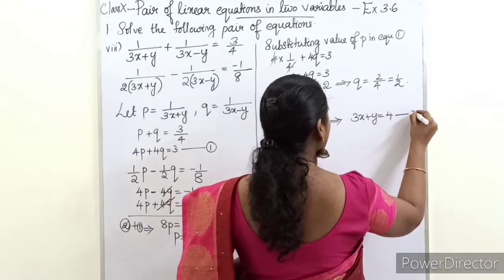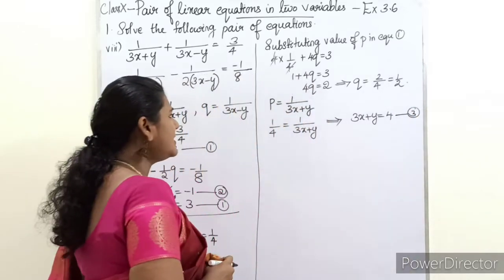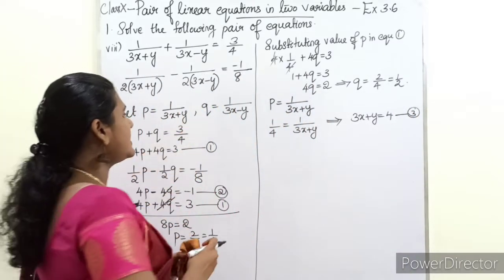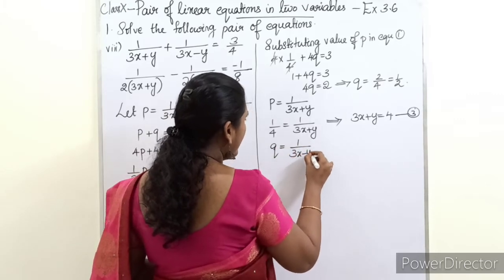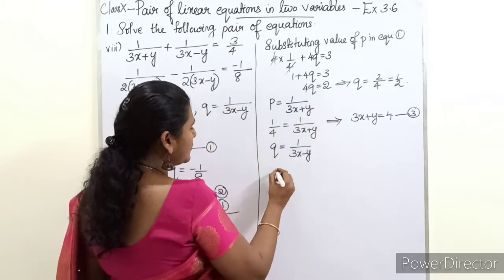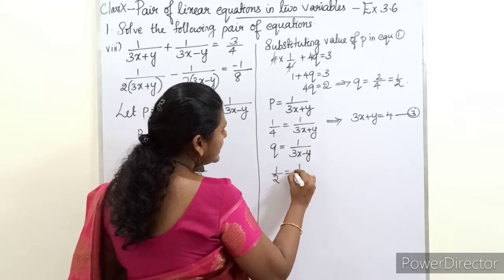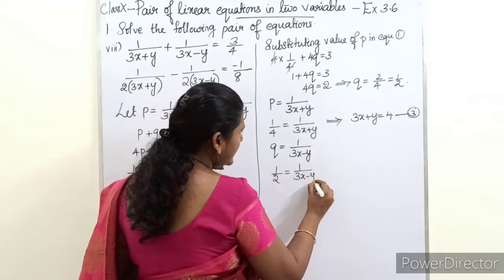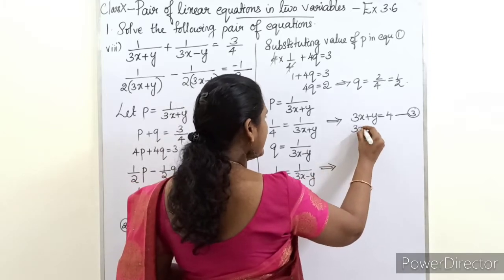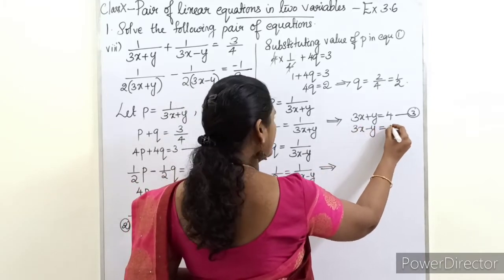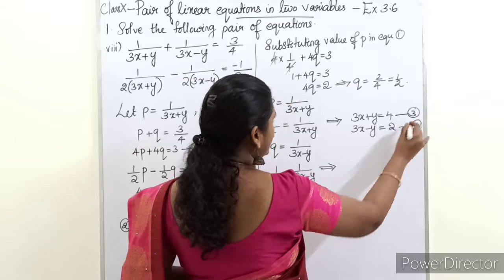This is equation number 3. Similarly, we take q is equal to 1 by 3x minus y, and the q value we got is 1 by 2. So 1 by 2 is equal to 1 by 3x minus y. From this we get 3x minus y is equal to 2. This is the fourth equation.